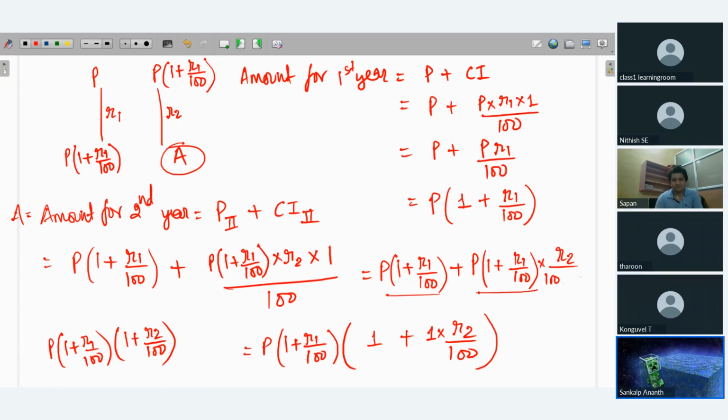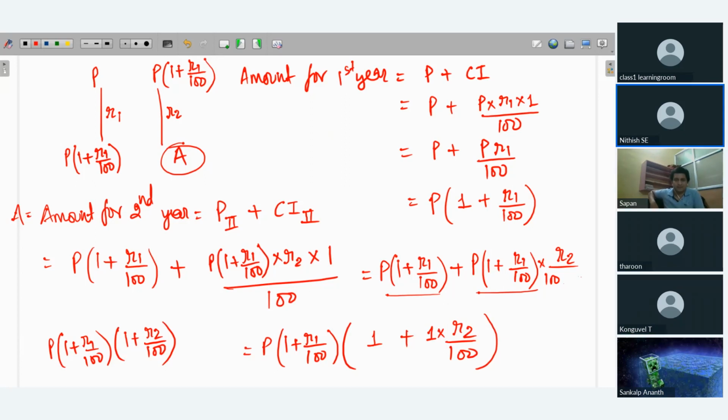Sir, how did you get P into 1 plus R1 by 100 into R2 into 1 by 100 equals P into 1 plus R1 by 100 plus common? He took common. Think of it in terms of rational numbers. You will write it and you will get it.